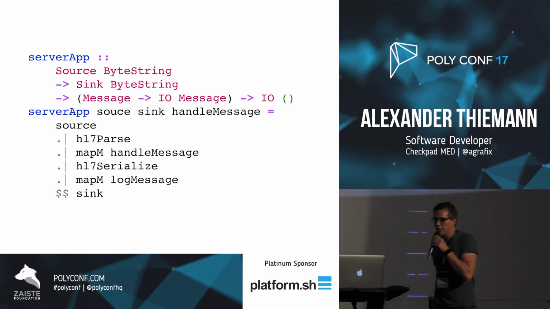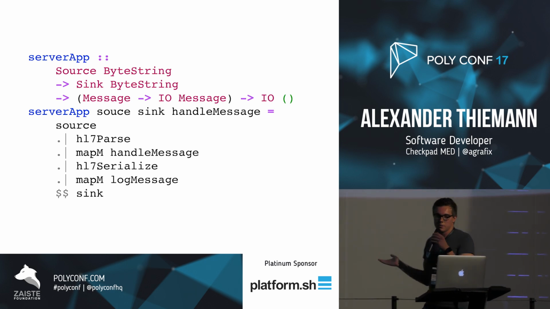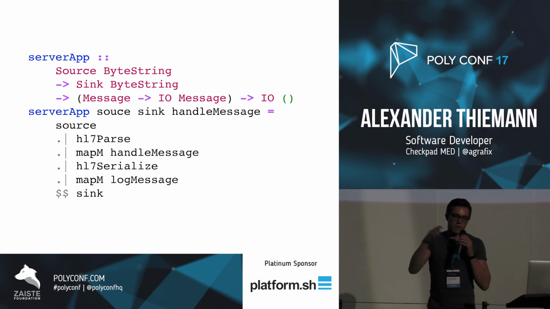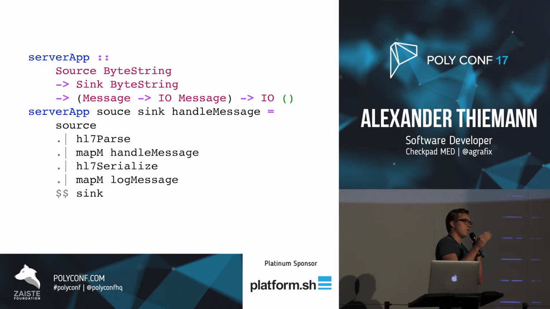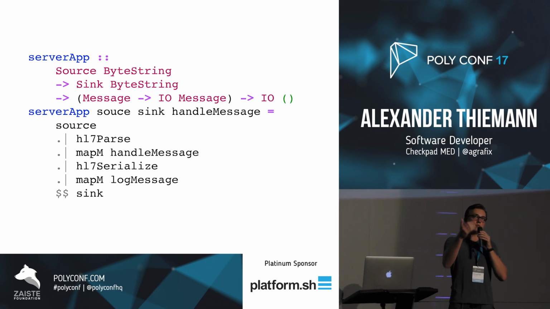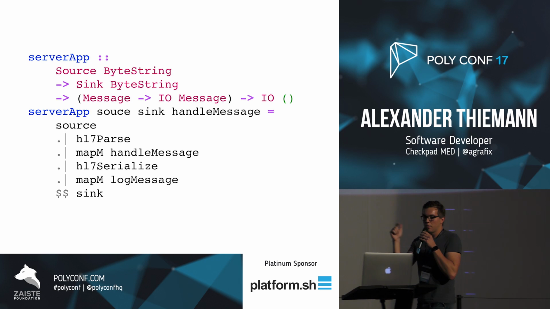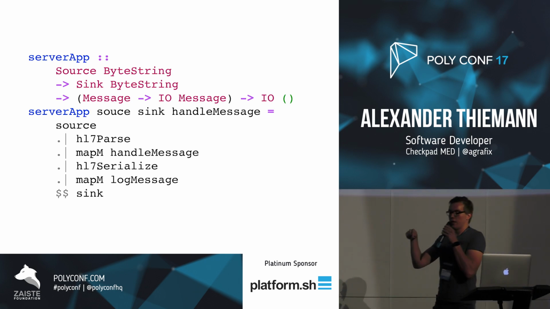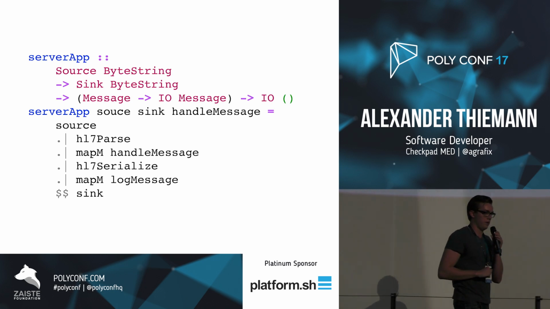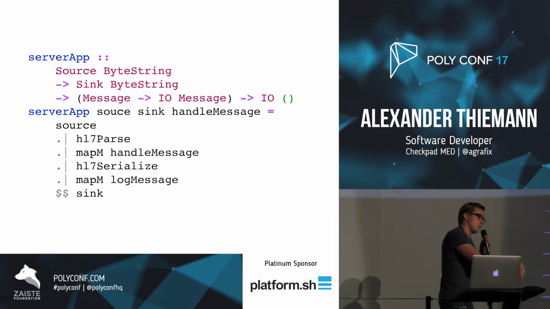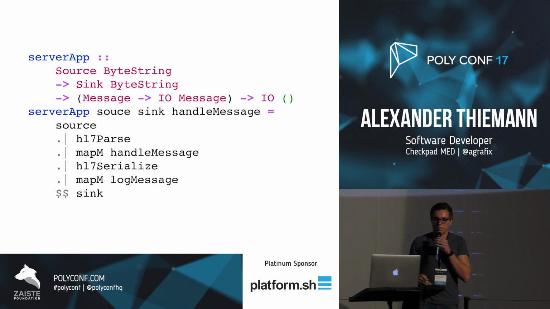So in this example, we have a source delivering us byte strings, and we have a function called server application. It takes an argument that's a source delivering byte strings, and a sink that receives byte strings again, and then we can put in a message function that takes a message and generates a new message, right? And it can also do I/O in this case, for writing the received message to disk, for example.